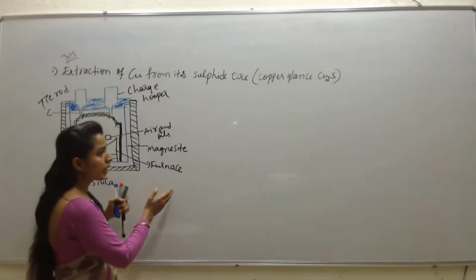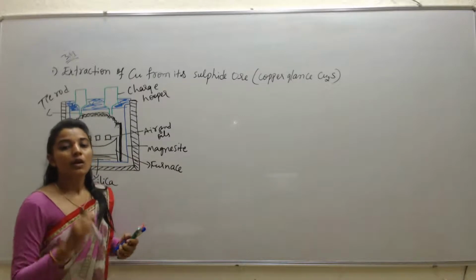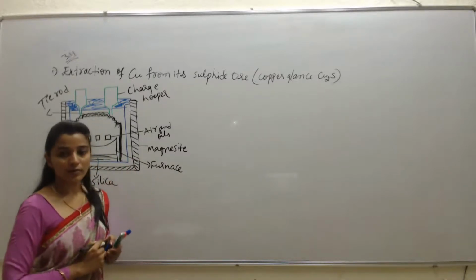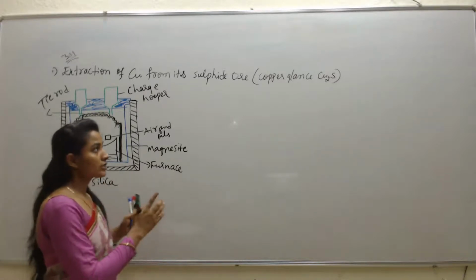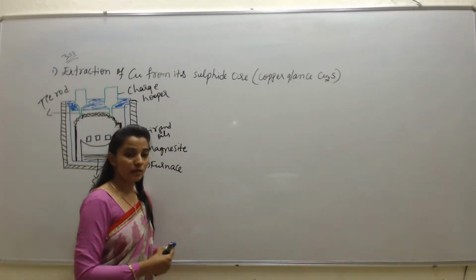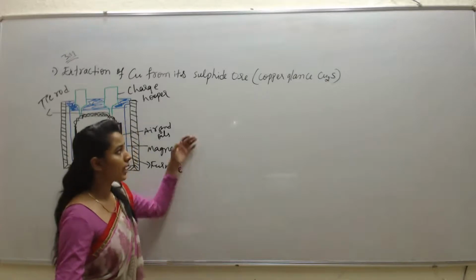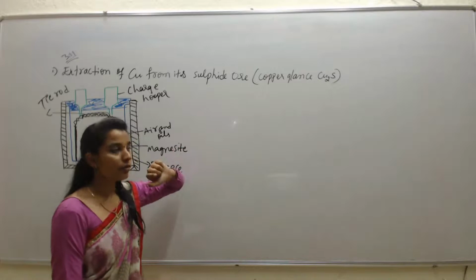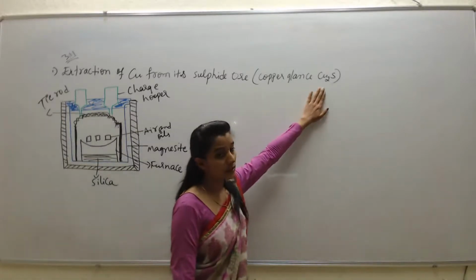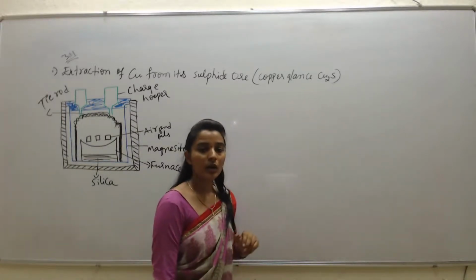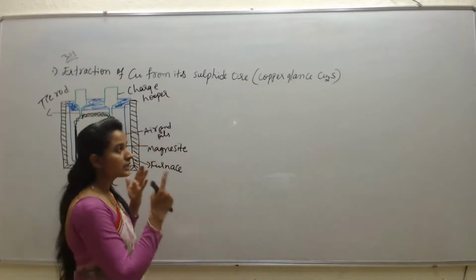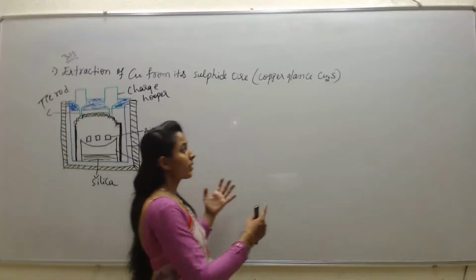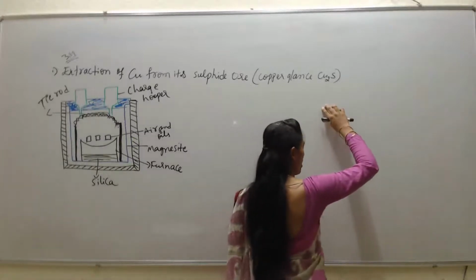In that Ellingham diagram we drew the curves for the oxide ores, but we didn't do that for the sulfide ores because the extraction of metals from the oxide ore is quite easier than the extraction of metals from the sulfide. So we can do one thing, that sulfide ore is converted to oxide ore.